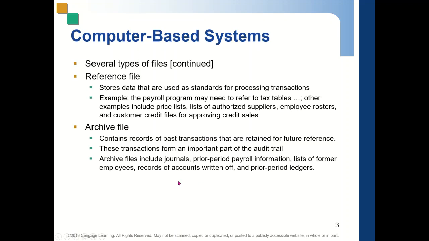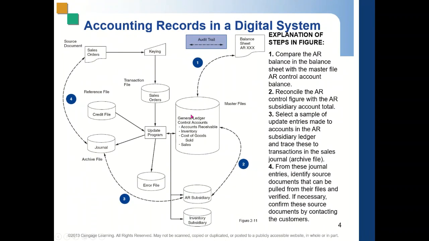It talks about a reference file that stores, for instance, things like text tables. So effectively, you could think of it as a lookup table of some sort. There's an archive file that contains records of past transactions. So these will be the different types of files that your system would be sitting on top of.